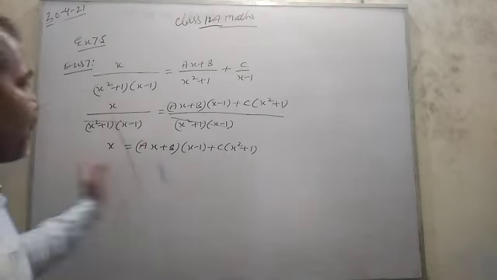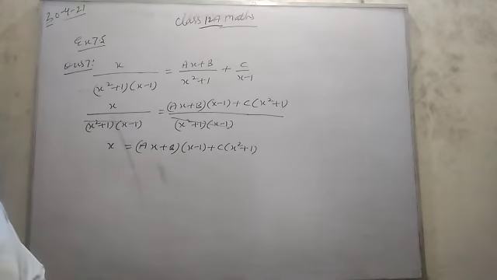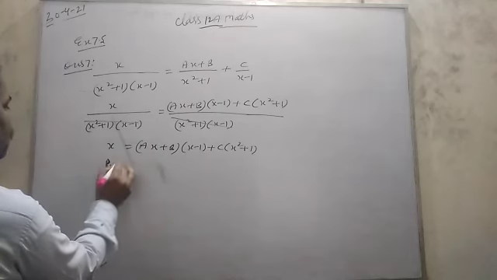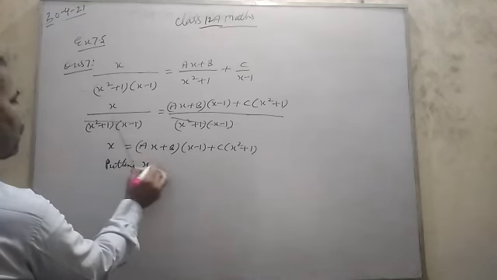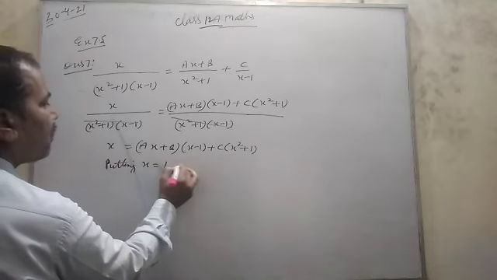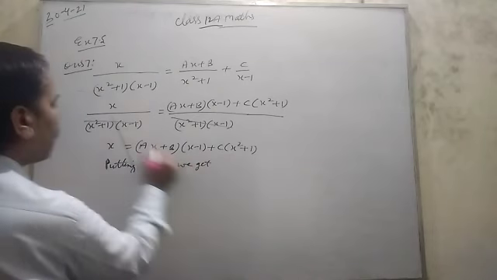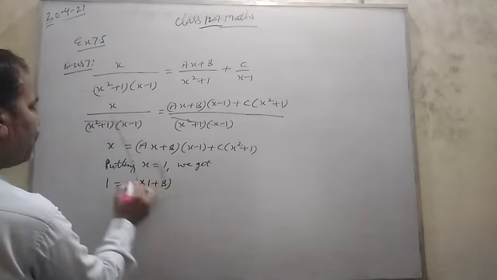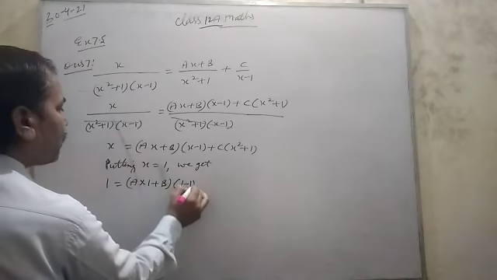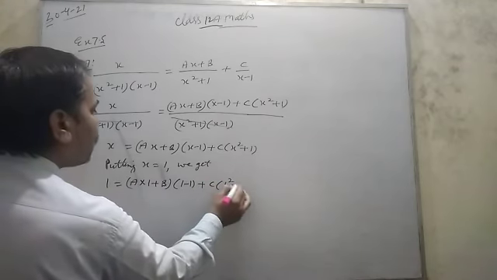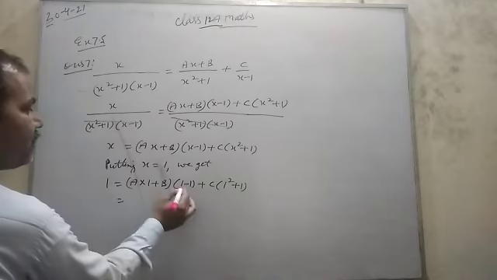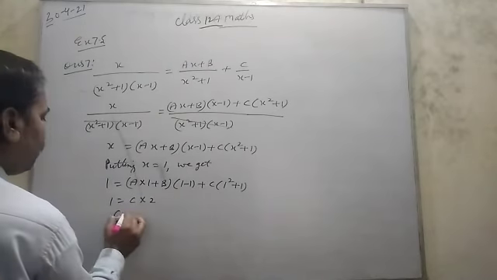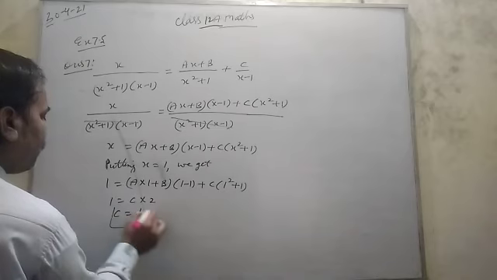So putting x is equal to 1, we get 1 is equal to a into 1 plus b, times 1 minus 1, plus c times 1 square plus 1. So this will be 0. So 1 is equal to c into 2, means c is equal to 1 by 2.